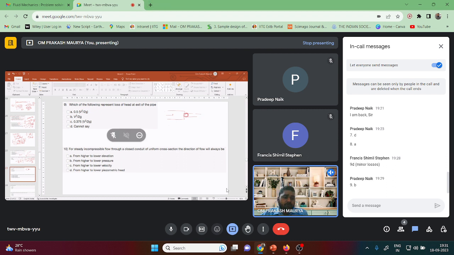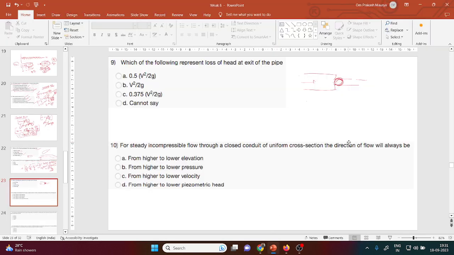Okay, yes, option B is correct, v square by 2g for the exit. But on that question I want to give some clarification.